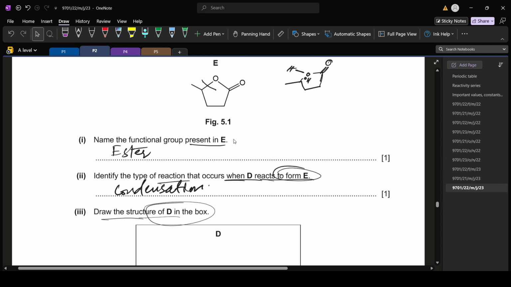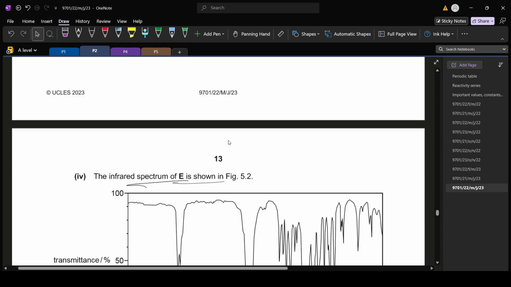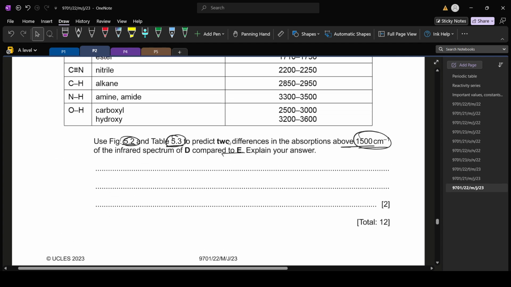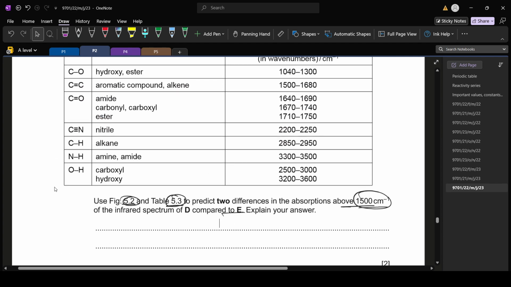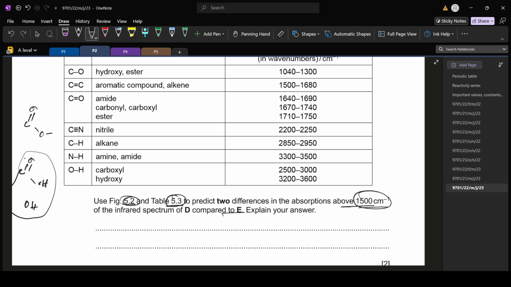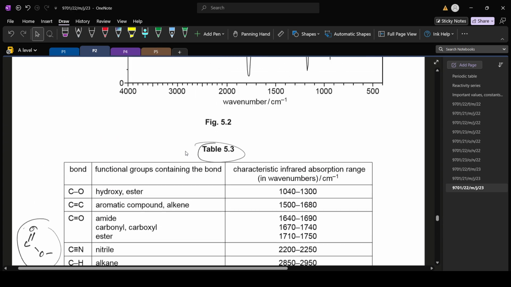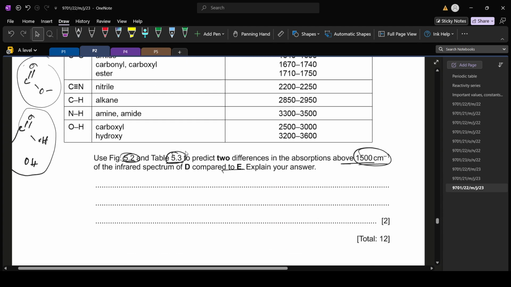It has an ester group. So there is an ester group in E, and there are carboxylic and alcohol groups in D. You will talk in terms of these groups.